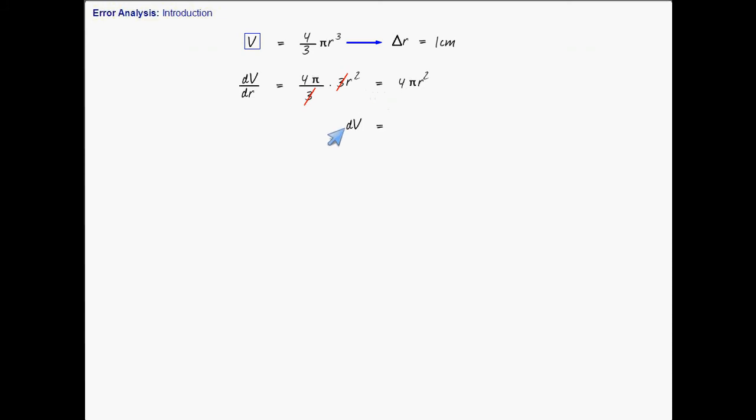That means dV equals 4 pi r square into dr. Now what is dV? dV is the error in the value of volume. dr is the error in the radius, which is nothing but the least count. So now we can calculate the maximum possible error in the volume.